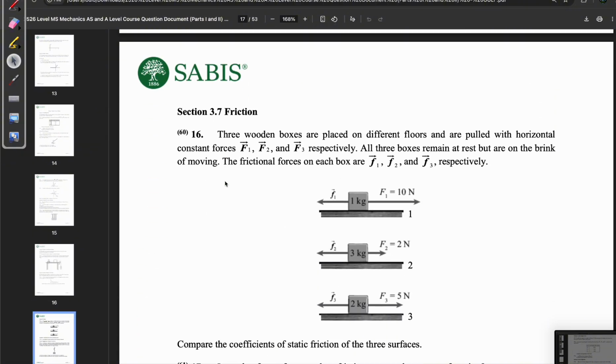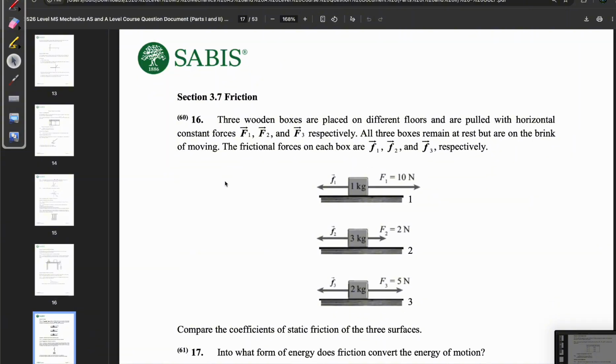Friction. 3 wooden boxes are placed on different floors and are pulled with horizontal constant forces F1, F2 and F3 respectively. All 3 boxes remain at rest but are on the brink of moving. The frictional forces on each box are F1, F2 and F3 respectively. Compare the coefficients of static friction.